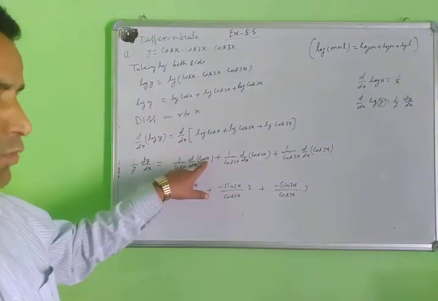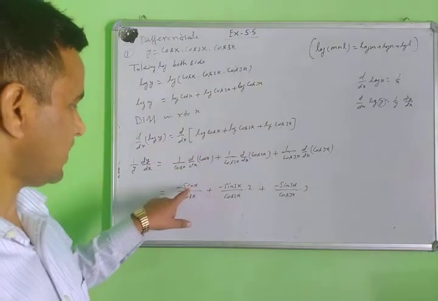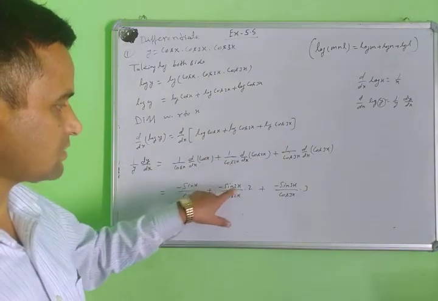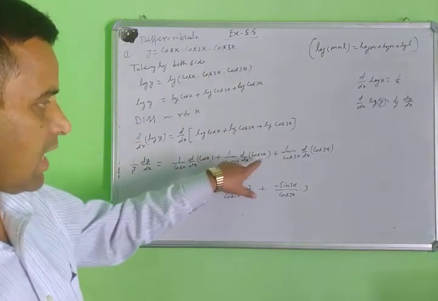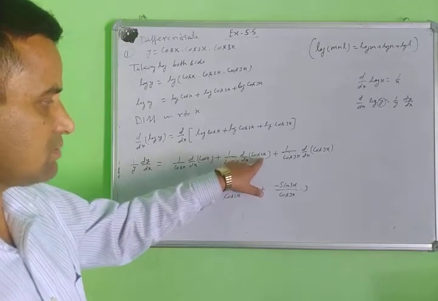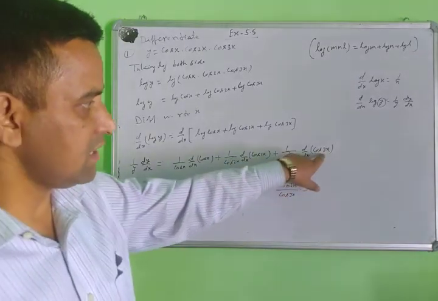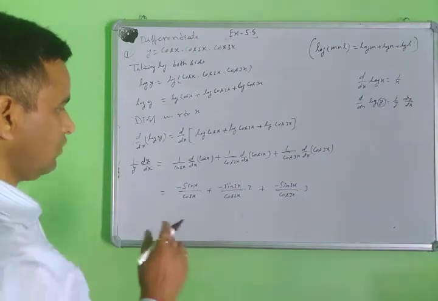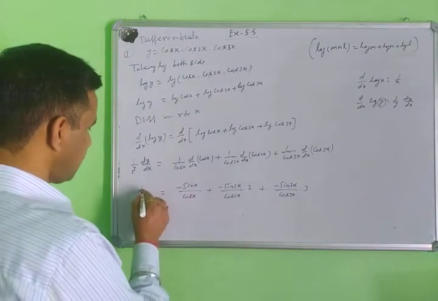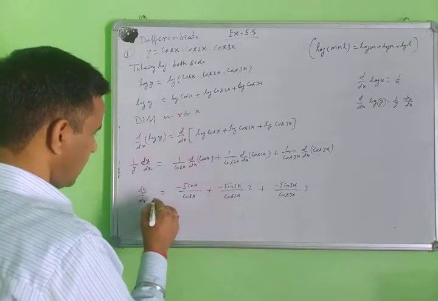Here cos x gives minus sin x, cos 2x gives minus sin 2x, and the derivative of 2x means only 2, and similarly 3x means 3. And this is dy over dx.